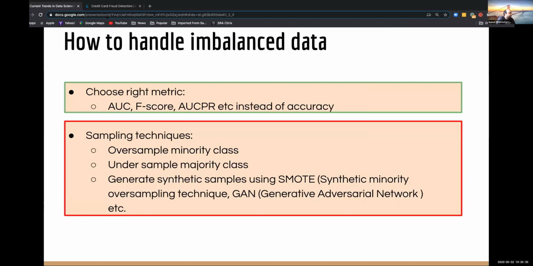Examples include area under the curve, or F-score, or area under the precision recall curve, etc. And the next bucket to think about is what sampling technique I want to use to essentially oversample the minority class or undersample the majority class, so that we end up with a balanced data set. And as we know, a balanced data set makes most machine learning models more accurate. So that's the motivation here.